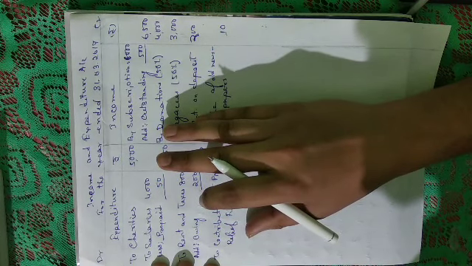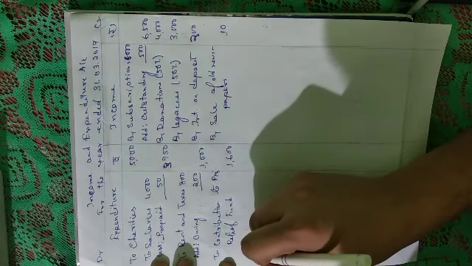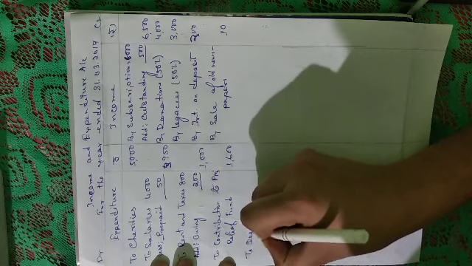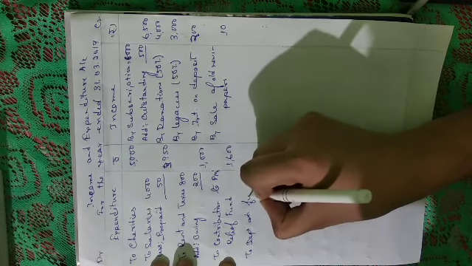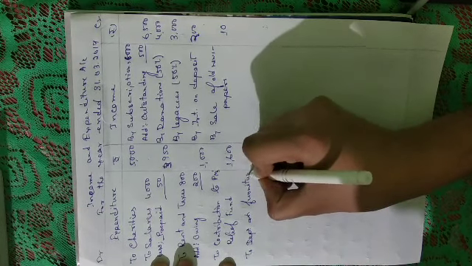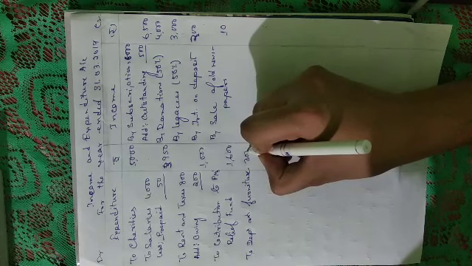Next, depreciate furniture by rupees 300, so it is non-cash expenditure. So depreciation on furniture amounts to rupees 300.